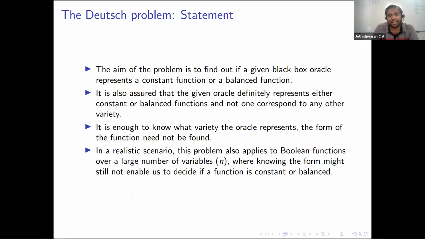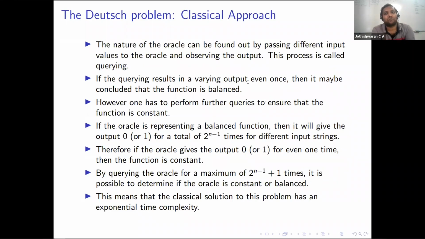Such functions are very commonly present, and therefore analyzing whether such functions are balanced or constant, or the nature of such functions, is something that we do in real life in several fields, most notably in cryptography.